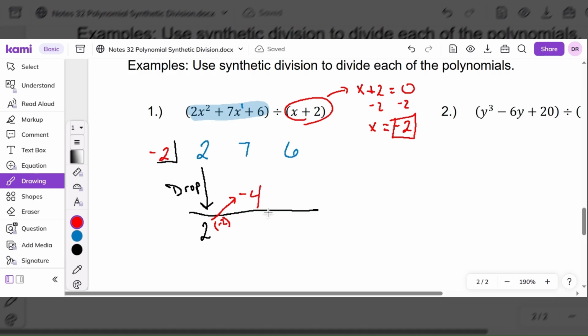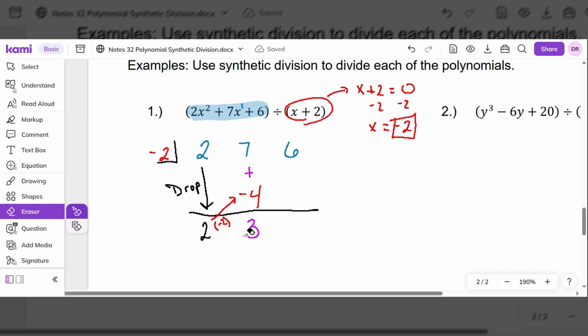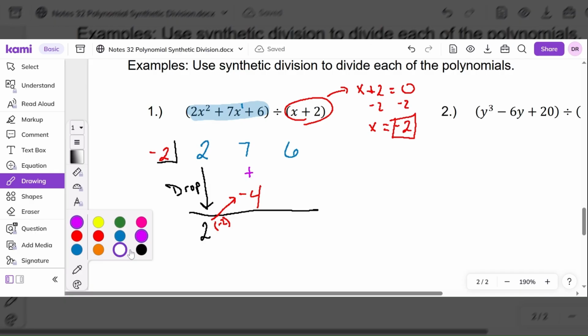Okay, so instead of dropping down this time, we wrote this negative 4 underneath the 7. And what we now get to do with these is add them together. And 7 plus negative 4 is going to give us a positive 3. Okay, so we got a positive 3 now. And then once you get to there, you just repeat your steps until you're finished.